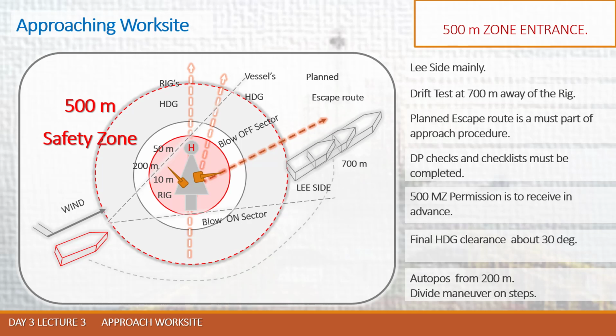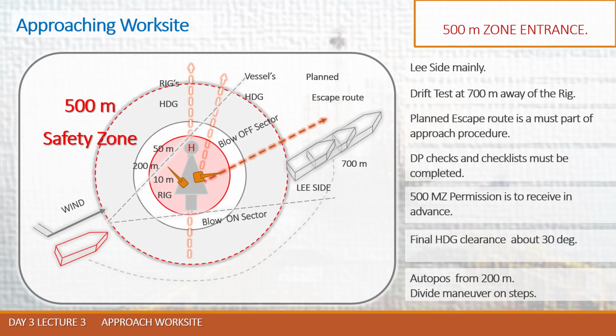And finally, when what we discussed is taken into account and we receive the 500-meter zone permission, we are entering and proceeding under our plan with the planned escape route in our head, trying to adjust our heading clearance, which might be about 30 degrees compared with the heading of the platform.